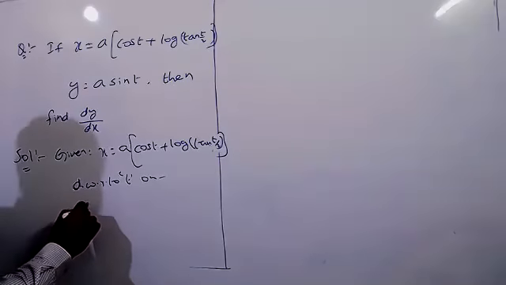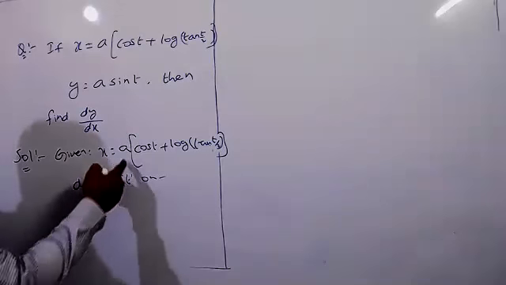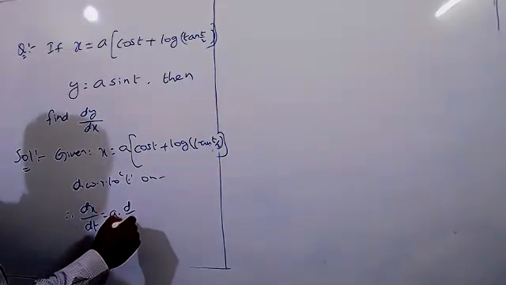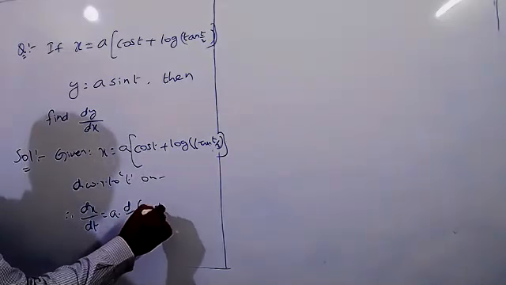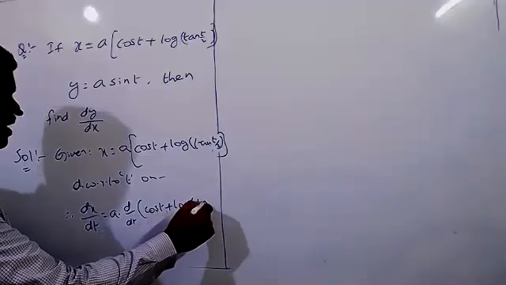Therefore dx by dt equal to, a is the constant value, a into d by dt of cos t plus log of tan t by 2.